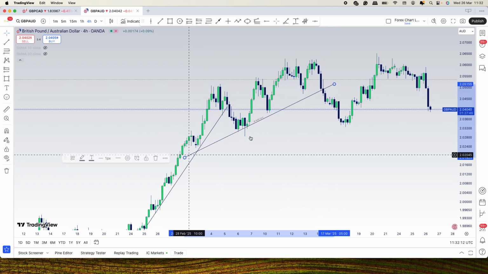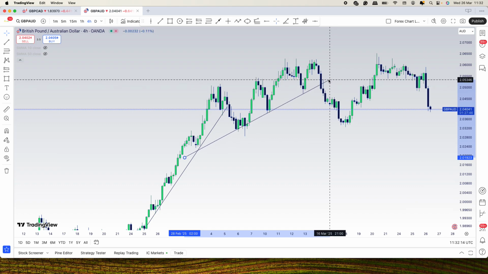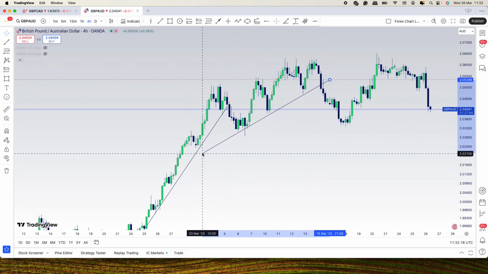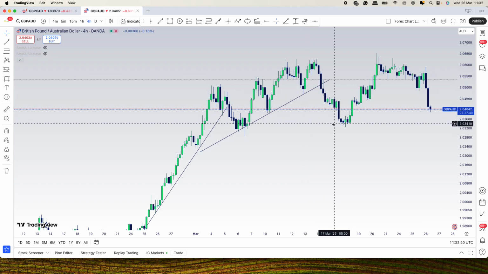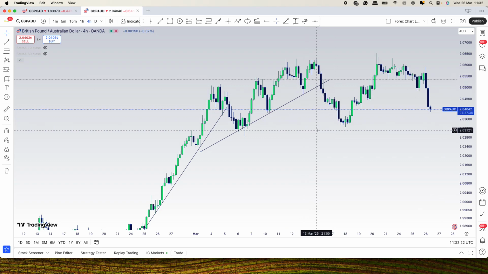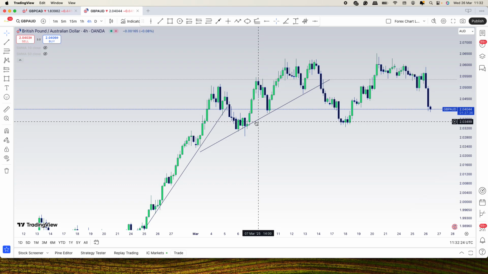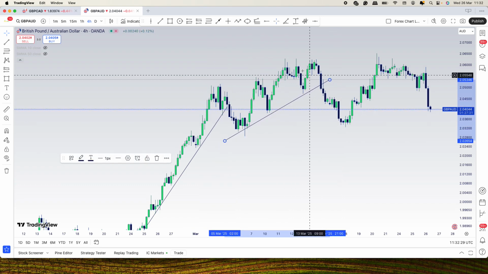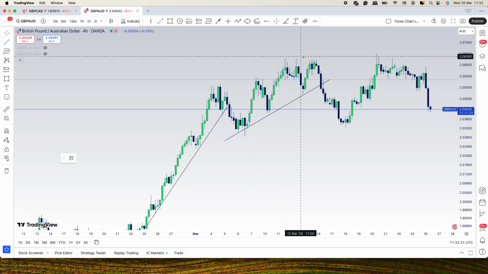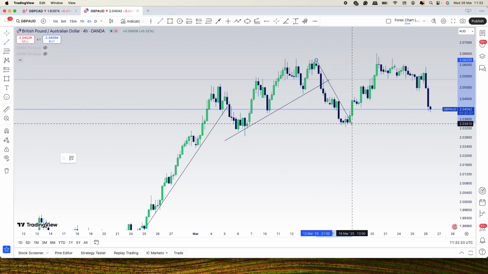Then we can see, okay, cool, price is changing, so we're going to see a pullback 100%. Are we going to look to target that area of liquidity? Probably not, because we're still trending upwards, so buyers are going to try step in at some point, and then we get obviously the break of this downtrend.